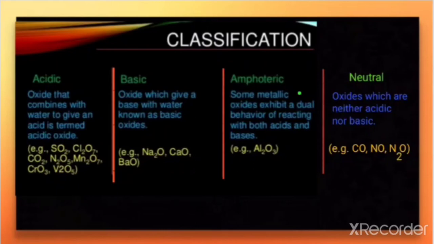That means some metallic oxides exhibit a dual behavior of reacting with both acid and base, such as Al2O3. The reactions of Al2O3 with acid and base are quite important, so they need to be practiced. Next, neutral. The oxides which are neither acidic nor basic are called neutral oxides. Examples: carbon monoxide, NO, that is nitric oxide, and nitrous oxide.